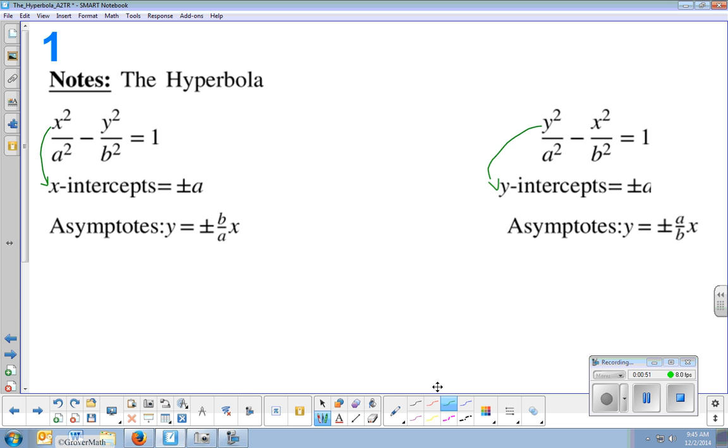And so what does a hyperbola look like to begin with? Well, first, this first type of hyperbola will look something like this. Because it has x-intercepts at plus or minus a, and this is very similar to the ellipse that we did in the previous lecture, where the number below x squared, we take the square root of that, and that gives us the intercepts for that axis.